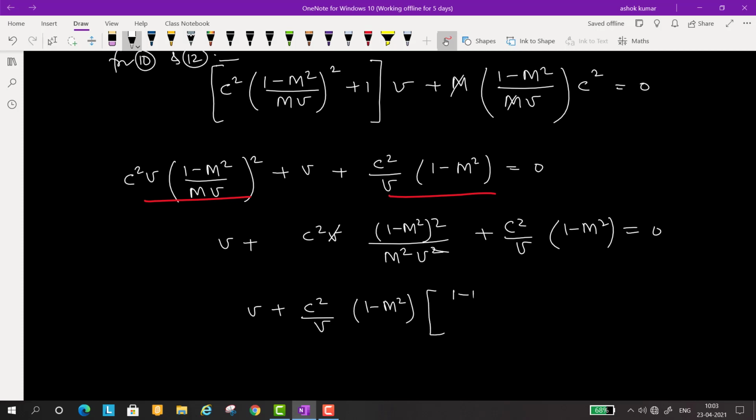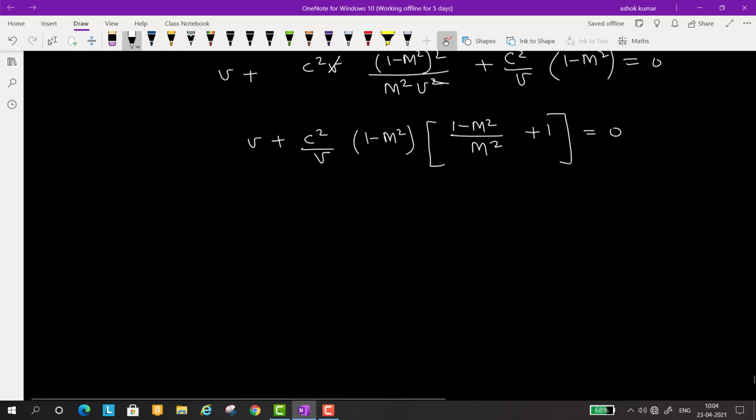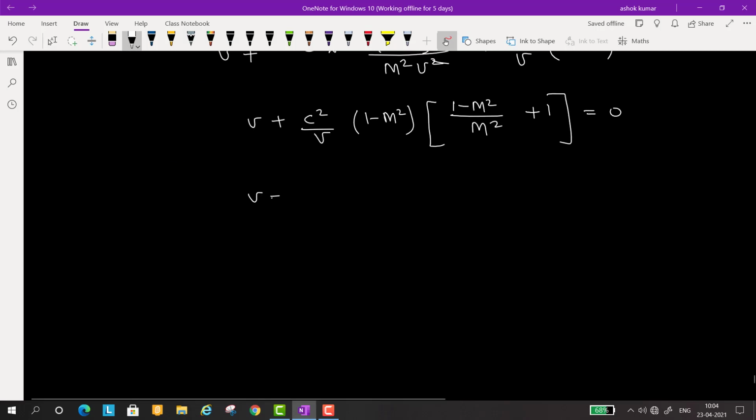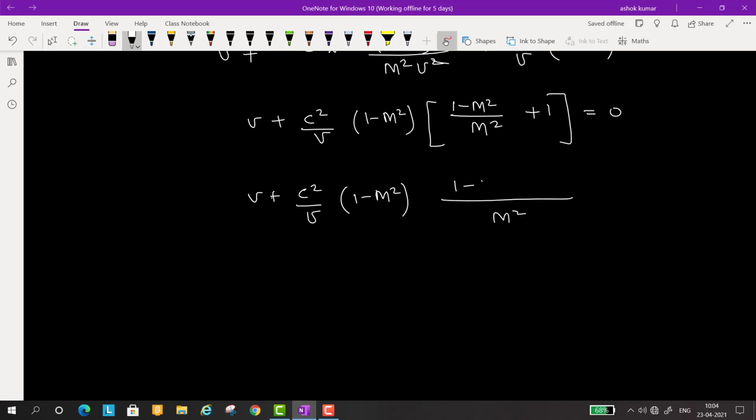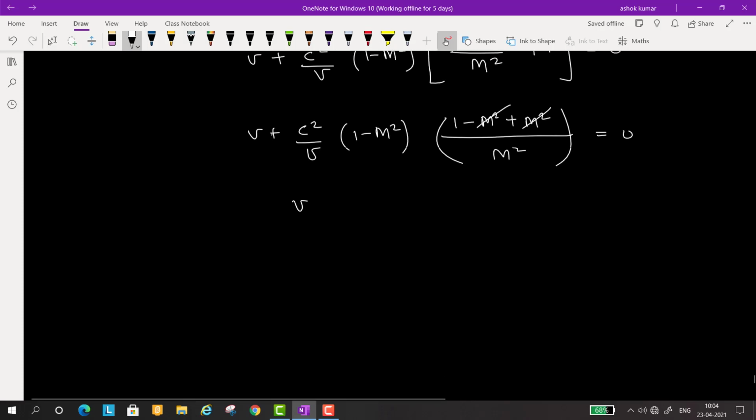So it will be 1 minus m square by m square plus 1. So when we deal with this, it will be c square by v, 1 minus m square. We take LCM, m square plus m square plus m square. It is equal to 0. So this term cancels out. So here we are left with 1 minus m square divided by m square. It is equal to 0.